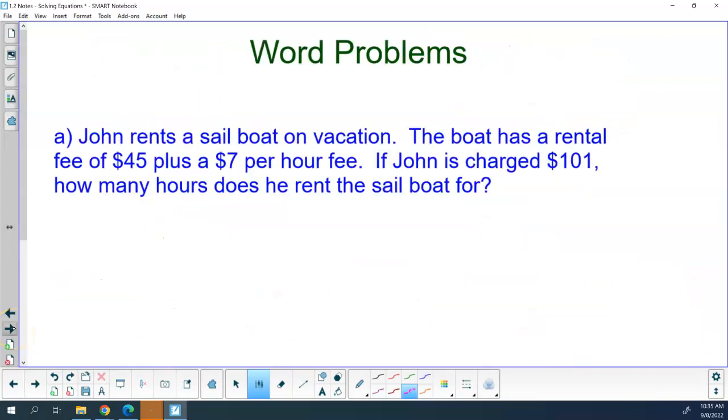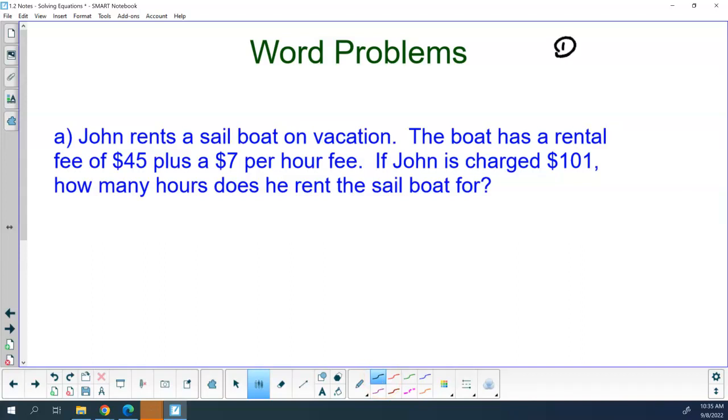I think we've got, oh yeah, we've got word problems. I love me some word problems. So with word problems comes a couple of steps. I like to follow some steps when we're doing it.